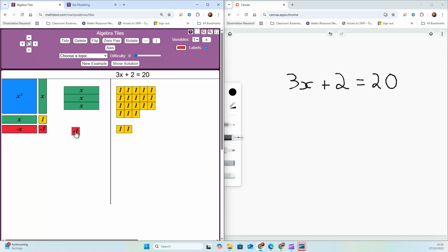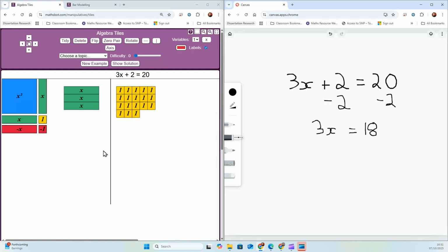And whether you actually choose to do this or not, the result is the same: whether we physically subtract the two from both sides or just discount the twos, we end up with the 3x's being equal in value to 18 of the ones, the 18 remaining ones.